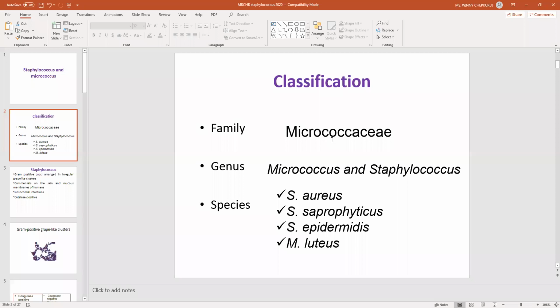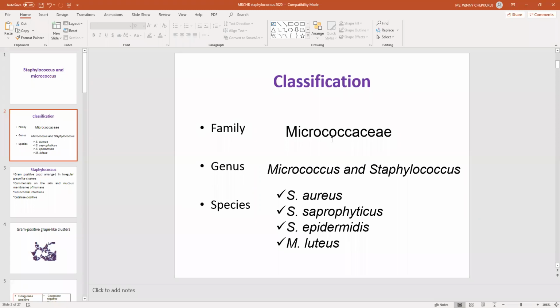So I've just started from the family level. They're classified under Micrococcaceae, and then within the genus, that's where you now have the staphylococcus and micrococcus. Among the most important species, we have Staphylococcus epidermidis, saprophyticus, aureus, and others, but we are going to put most emphasis on these.